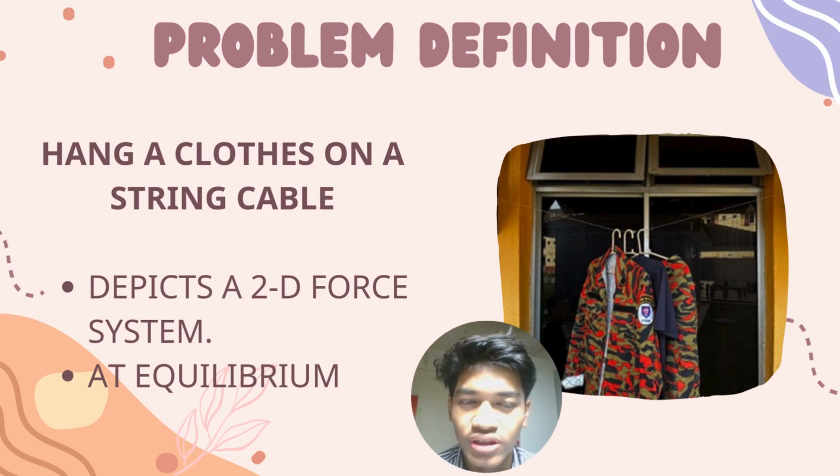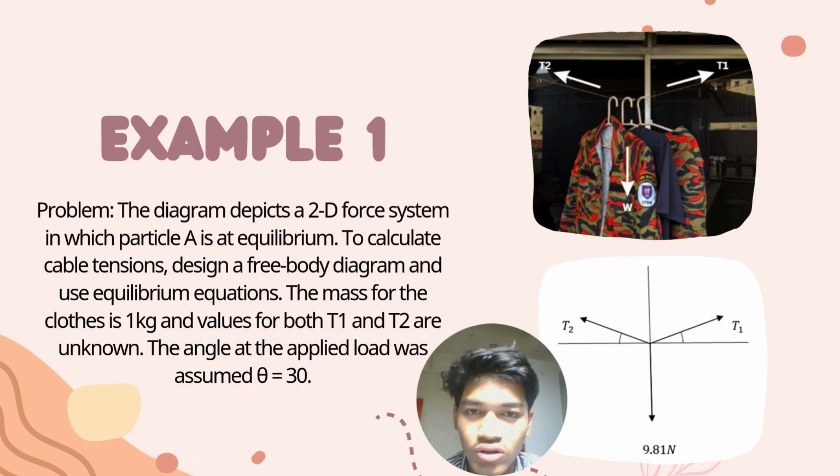Problem definition: a clothes hanging on a string cable depicts a 2D force system at equilibrium. This is example 1. Problem: the diagram depicts a 2D force system in which particle A is at equilibrium.